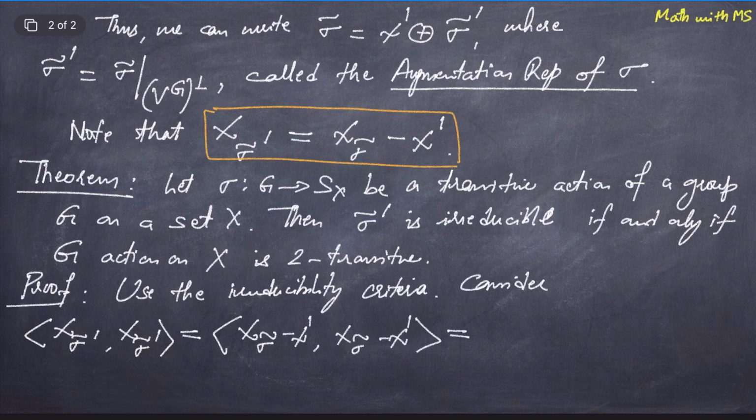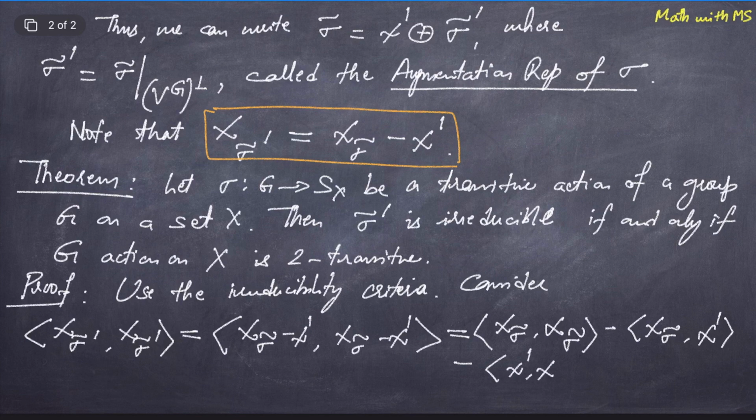And the inner product is linear, and it turns out to be the same as the inner product of chi of sigma tilde with itself, minus chi of sigma tilde with chi_1, minus chi_1 with chi of sigma tilde, plus chi_1 and chi_1.